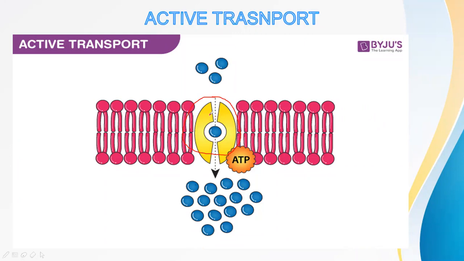During this active transport, the carrier protein attaches with the molecule, and once this carrier protein is inside of the cell, in the other part of the cell membrane, the carrier protein detaches, meaning it leaves the molecule inside of the cell by using energy.